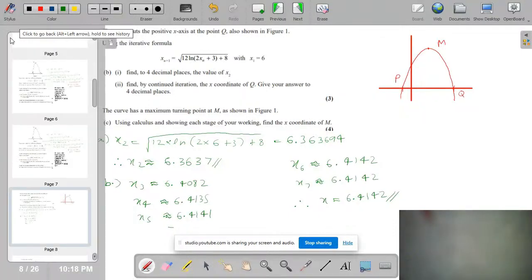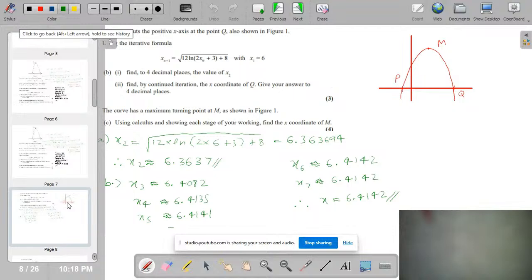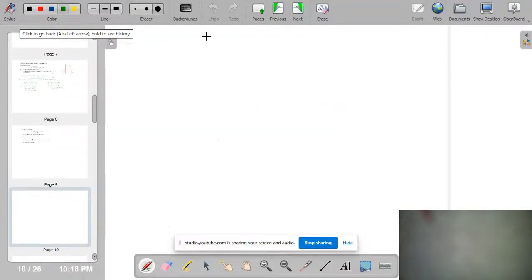So I go back to my original sum. My equation is this. What is it? y equals 6 ln (2x plus 3) minus half x squared plus 4, as I remember.